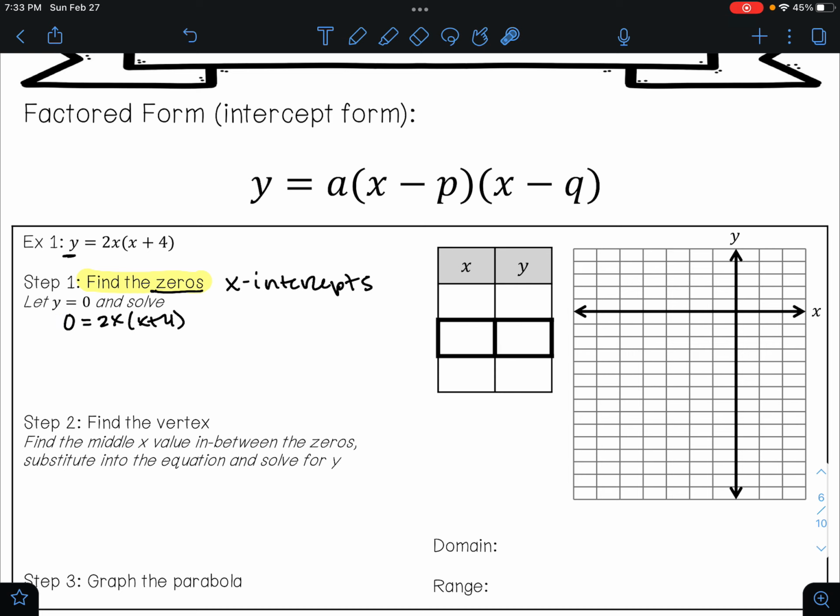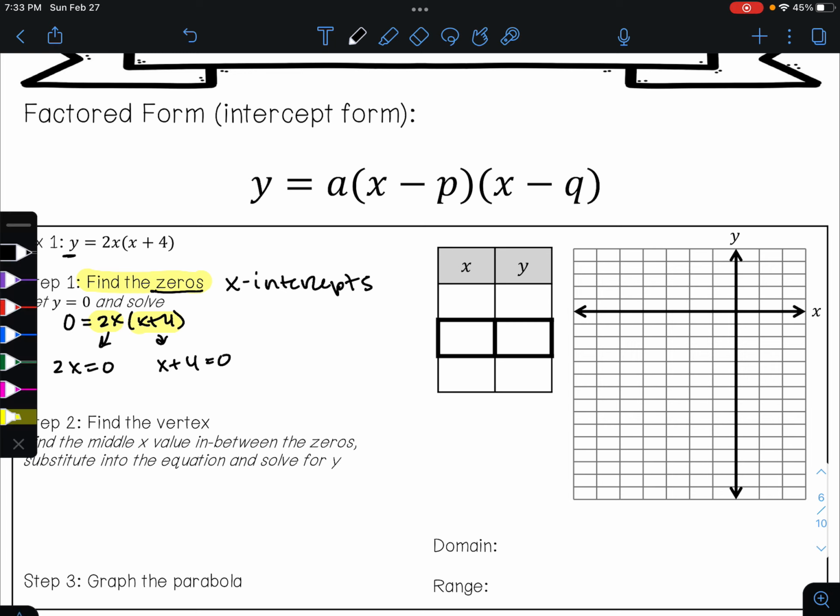From here, you have 2 factors that are being multiplied together that give you 0. So either 2x equals 0 or x plus 4 equals 0. And we can solve each of these equations. To undo multiplication, I'm going to do division and get x equals 0.